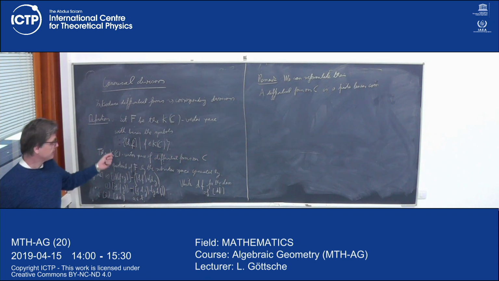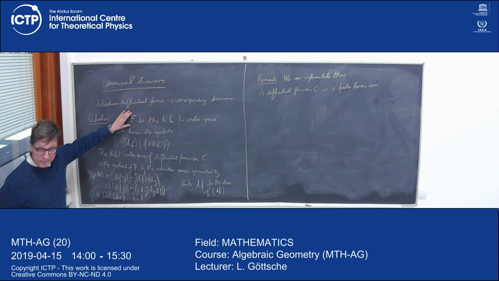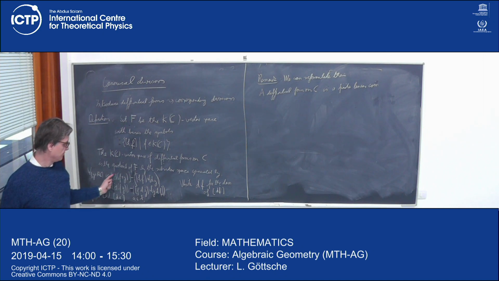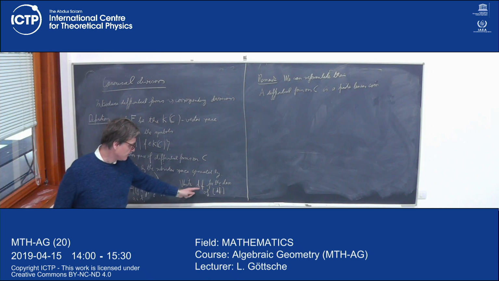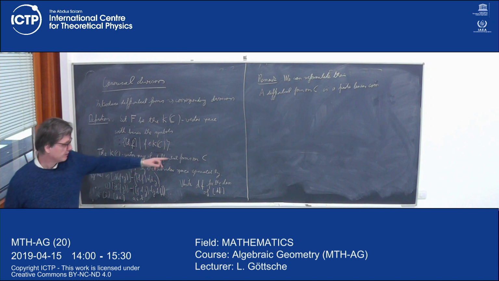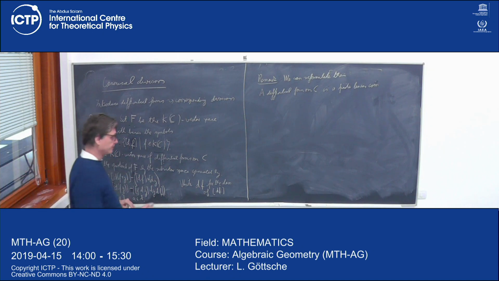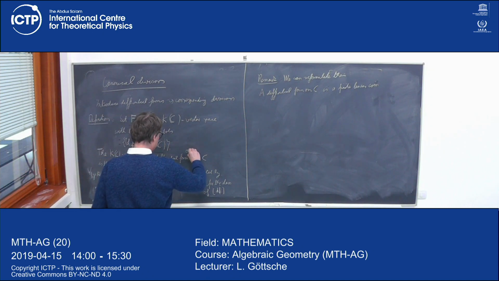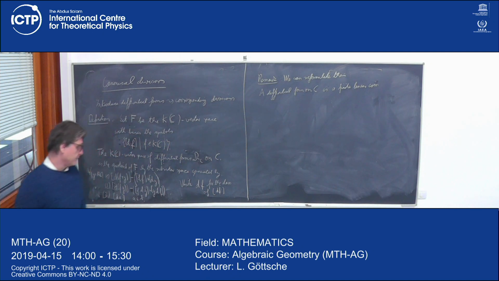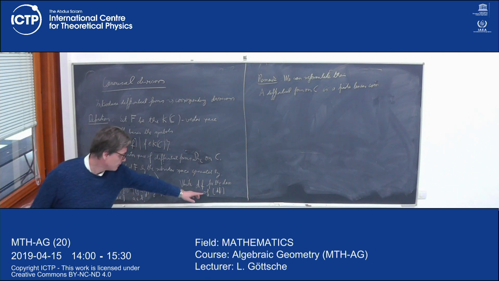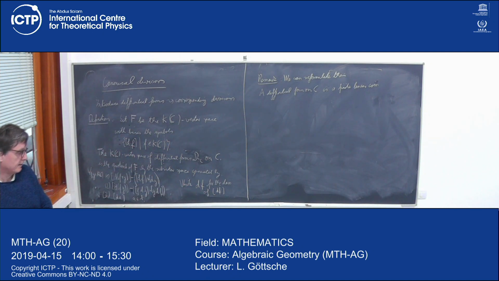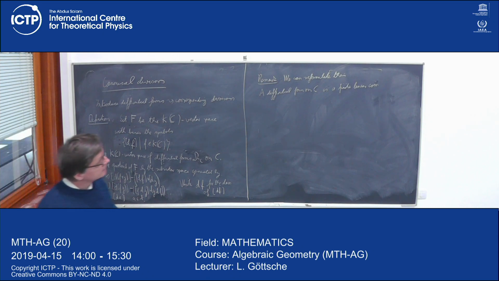So [df] is an element in F, and its class in the quotient, the space of differential forms, I write as df. These are elements of the space of differential forms Omega_C.